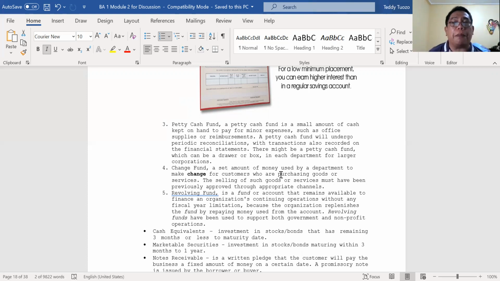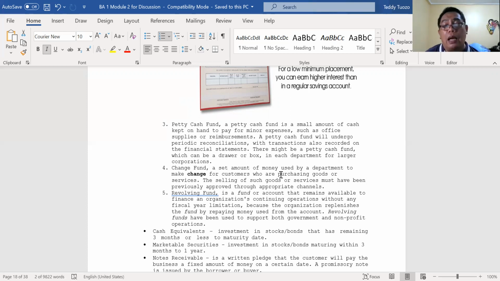Now, if that is the policy of the business, all those expenditures that are less than 1,000, that's 999 and below, should now be out of the petty cash fund, no?